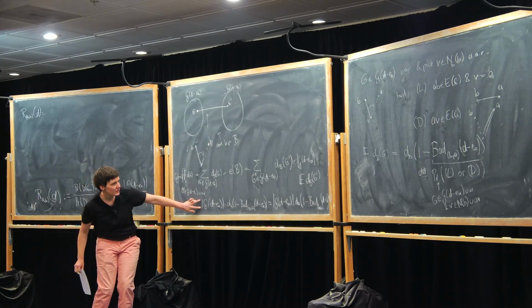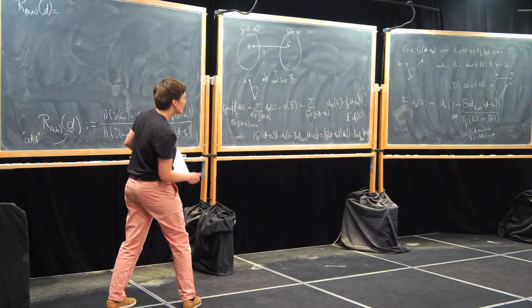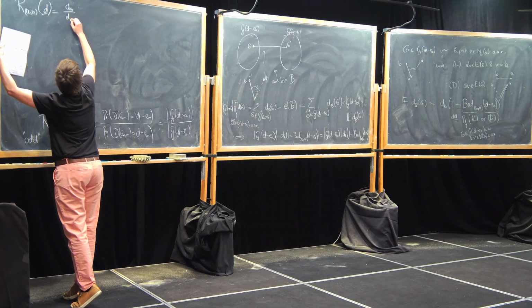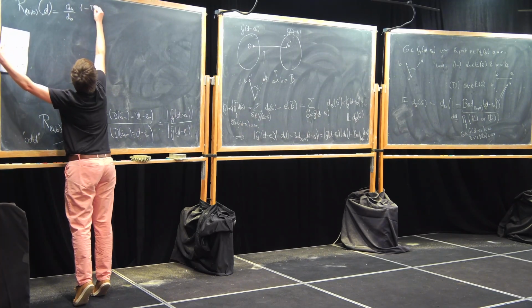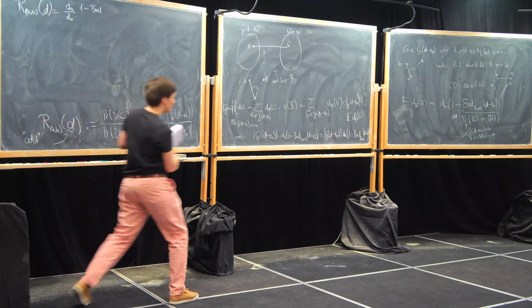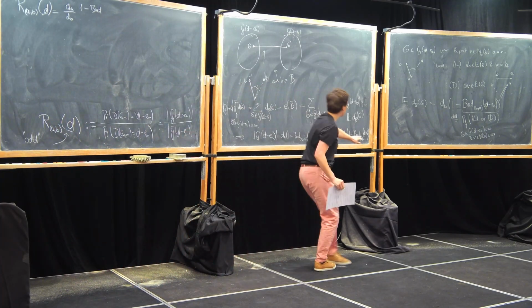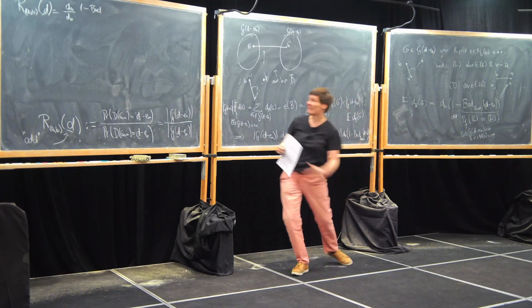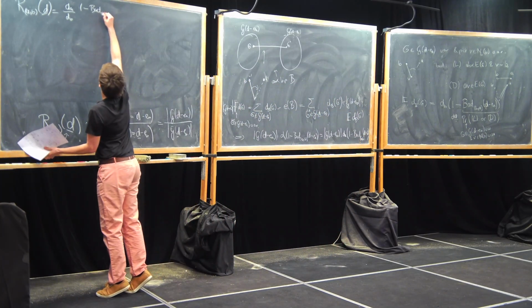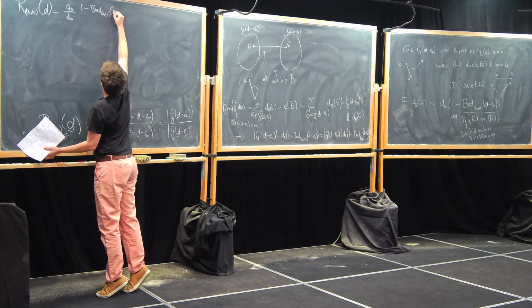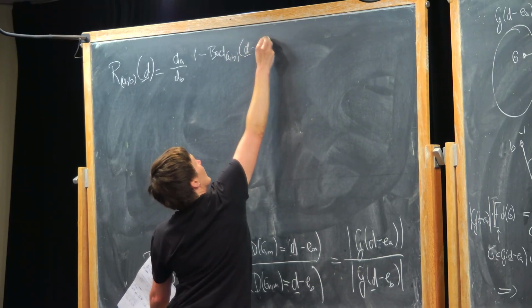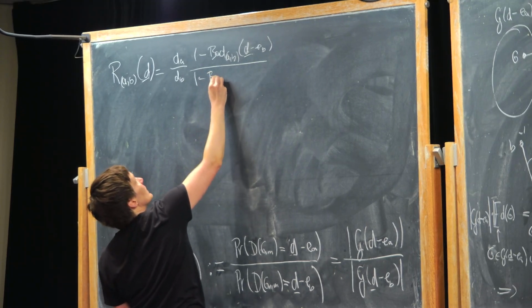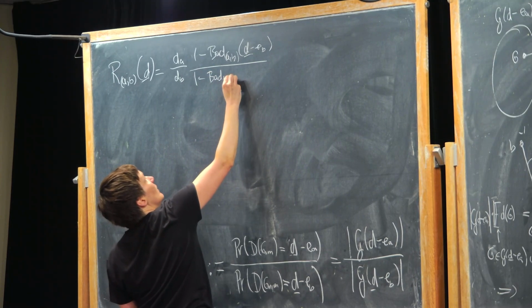So if I rearrange this, I get A dA over dB times 1 minus the bad probability when I flip from A to B in D minus EB. And I just divide by the indices switched.